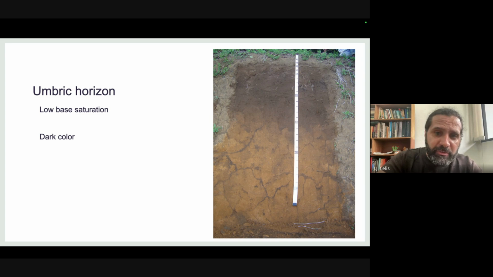This interaction between a metal and organic matter could reduce the decomposition of the organic matter. So the microbiological activity is lower because of this interaction, and this yields the formation of a thicker, darker, and carbon-rich horizon. That's called mollic or chernic according to the content of organic carbon, according to the thickness, according to the color.